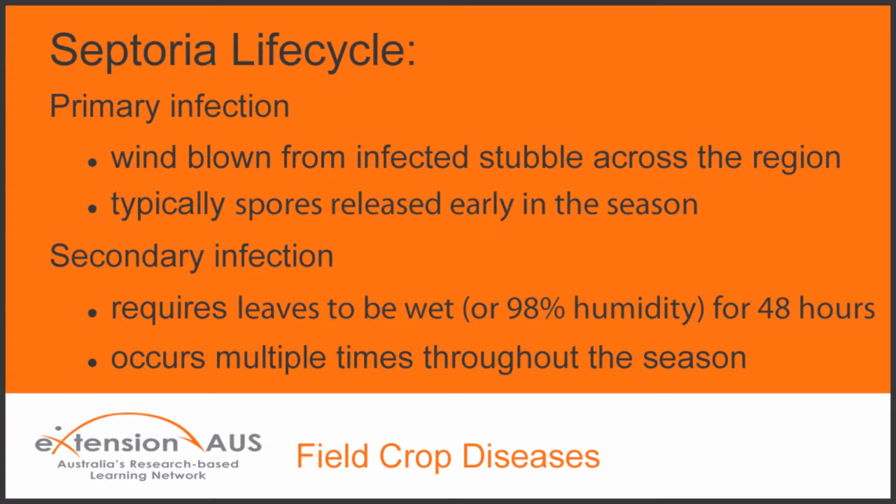But the critical part for a Septoria outbreak is continual wet leaf area. So leaves need to be wet or have high humidity, 98% plus, for 48 hours straight. And the more often that happens during a season, the more times that the life cycle will complete itself and the more leaf area damage that we will get.